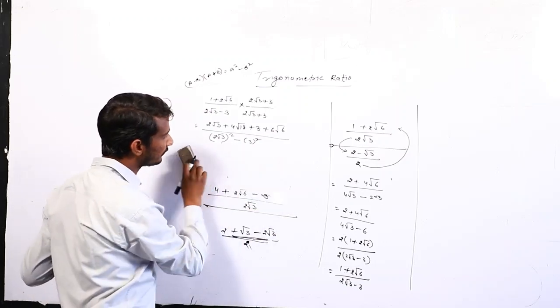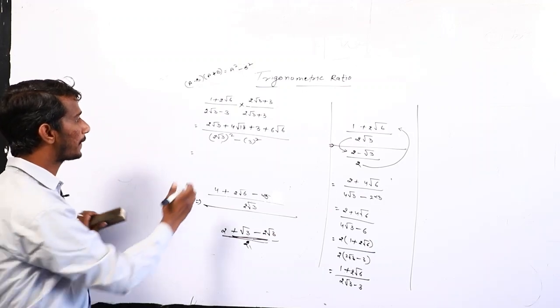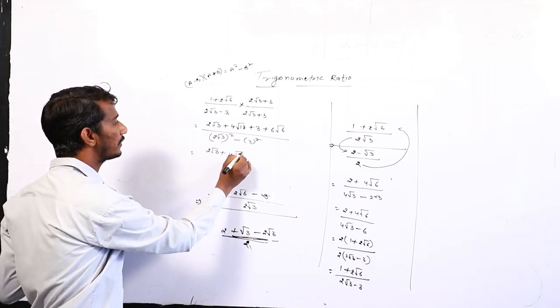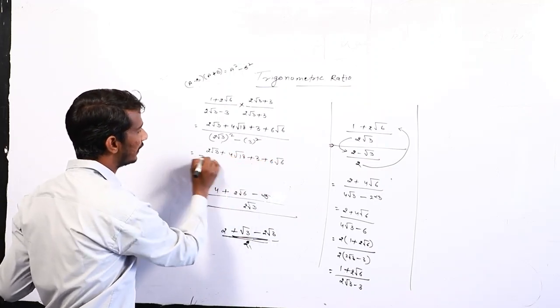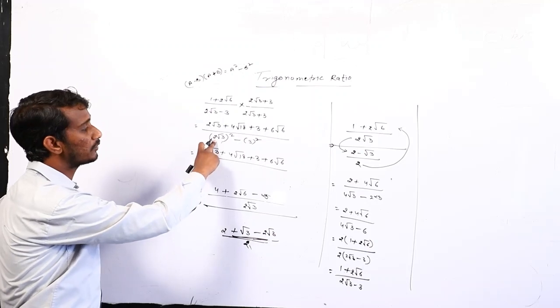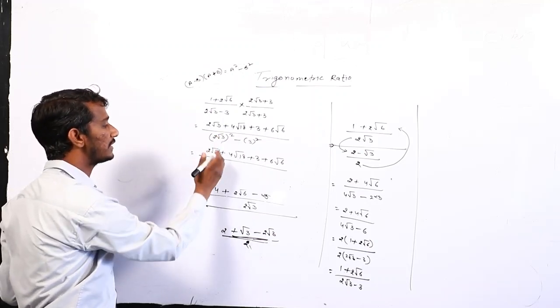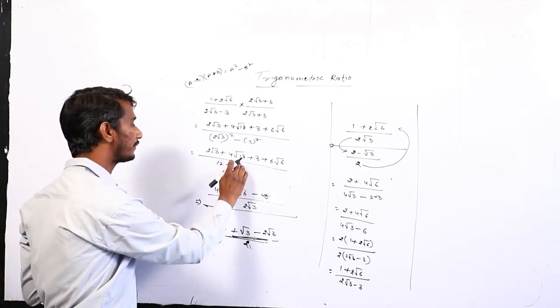Next solve it. 2 root 3, again you write 4 and root 18 plus 3 plus 6 and root 6 and solve it. Square of 2 root 3: 2 square is 4 and root 3 square is 3. So 4 times 3 is 12 and square of 3 is 9. Okay.